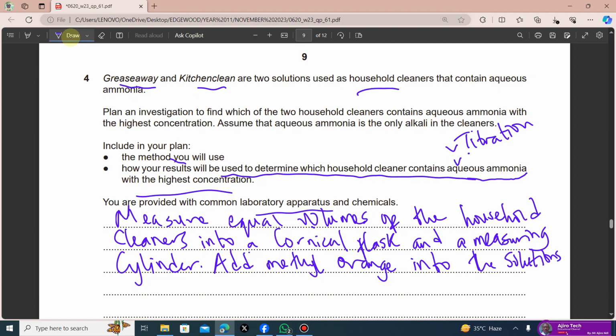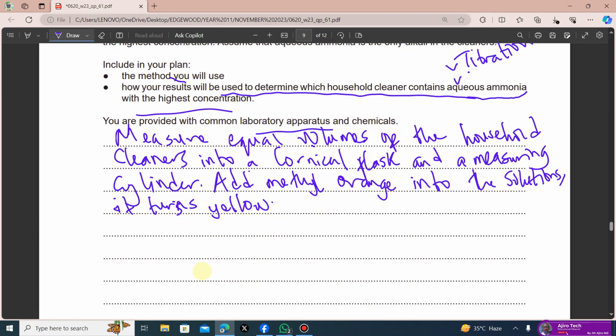Okay, now remember we've indicated the method, and then we've given details of the apparatus that are used in each case. So when you add methyl orange into the solutions, it turns yellow.